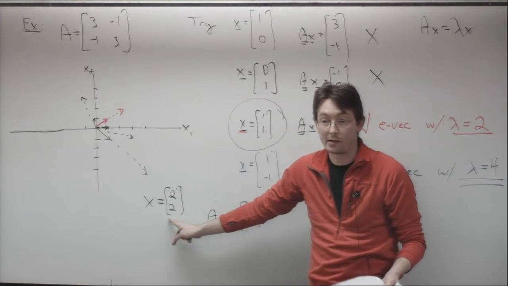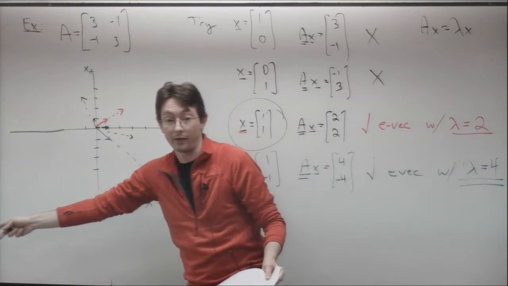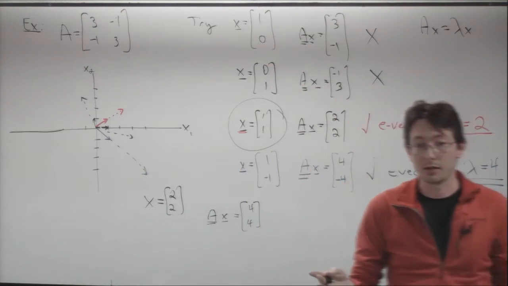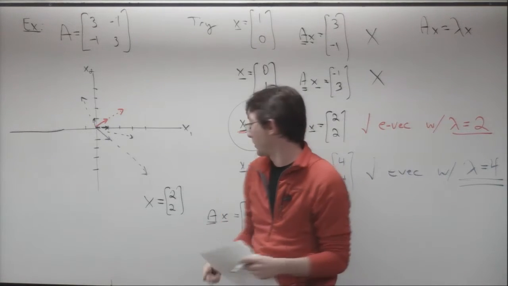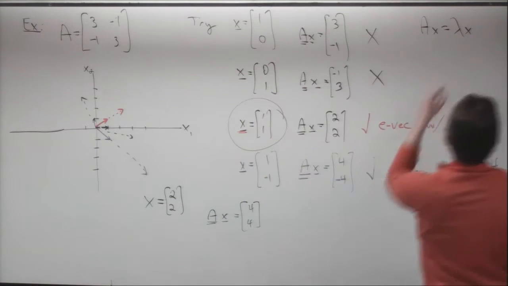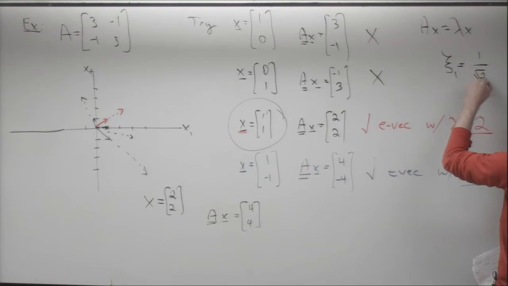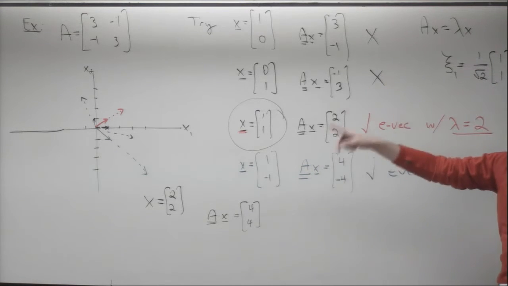It's 2 times x. So anything in this direction is technically an eigenvector. Usually you pick a convention, like a unit norm eigenvector. So I would probably say that the real eigenvector c1 is equal to 1 over square root of 2 in the 1, 1 direction. This has unit length, and it's in the correct red direction.